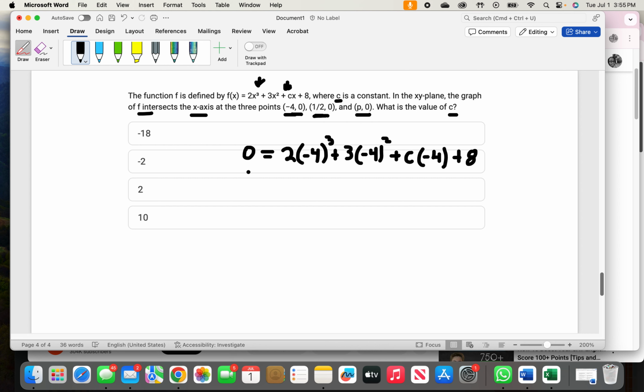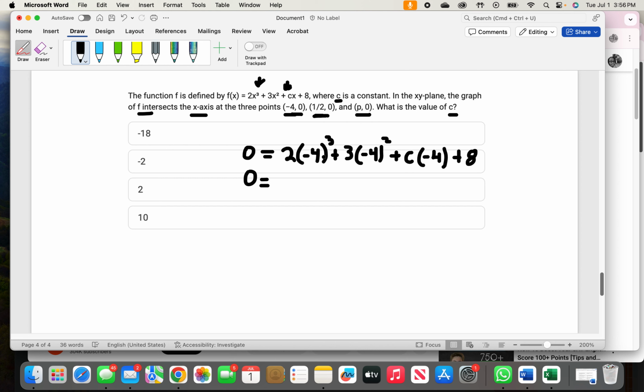So now let's work it out. This stays at 0, so 0 is equal to. Now, order of operations says I gotta do the exponents first. So I have -4 to the third power, and -4 to the third power is equal to -64, because I have a negative number and an odd exponent, so my answer is going to be negative.